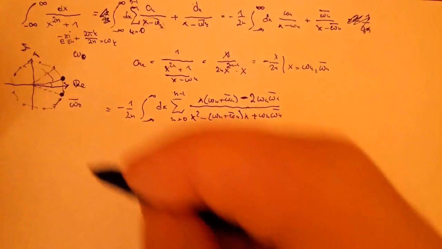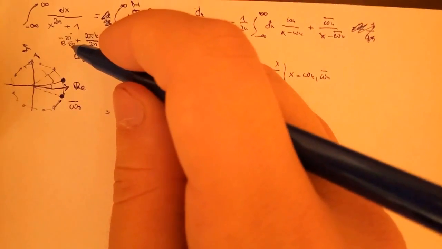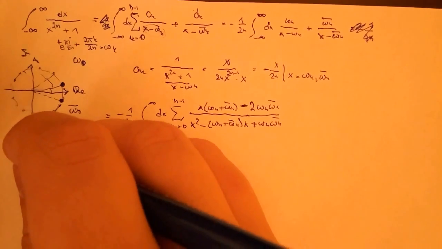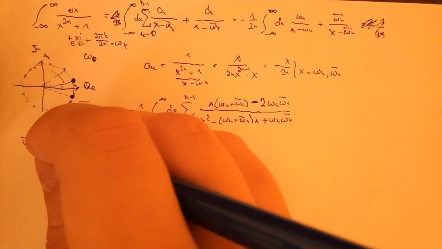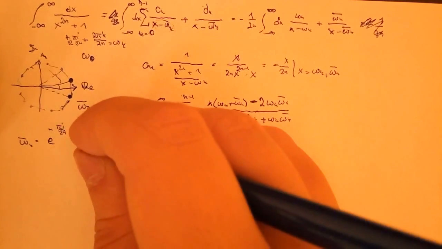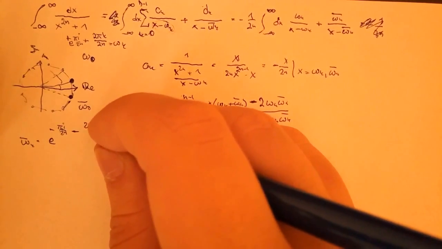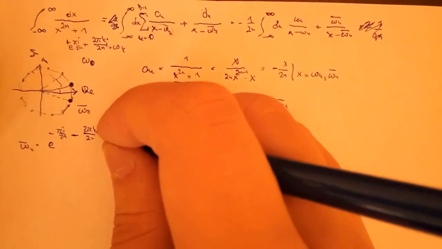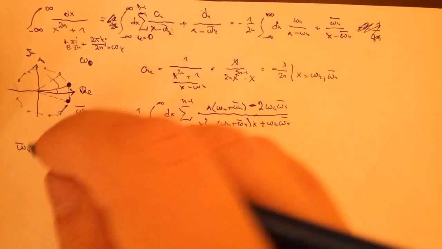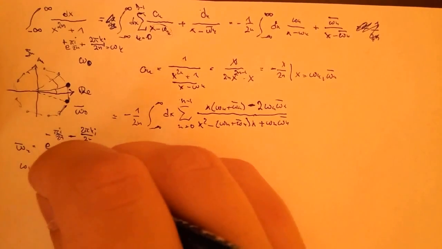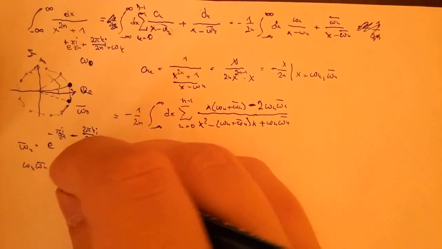Now if you look closely, you will see that omega k plus omega k conjugate is e to the power of minus i pi over 2n minus i 2 pi k over 2n. If you multiply omega k and omega k conjugate, you get 1.